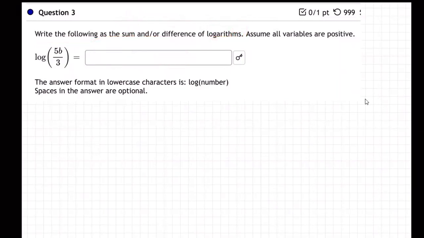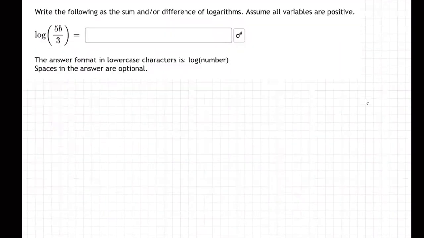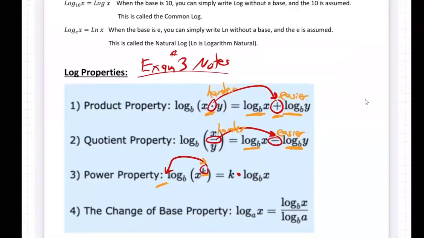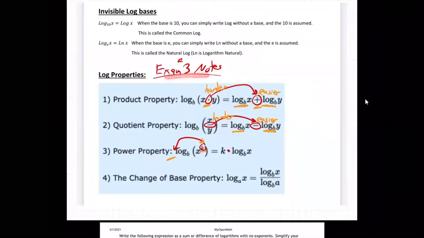So, okay, how do we do that? Well, looking at the properties, here from the exam 3 notes, here are the log properties. And that basically says that multiplying for one log becomes adding for two. Notice the harder operation for one log is easier for two logs.